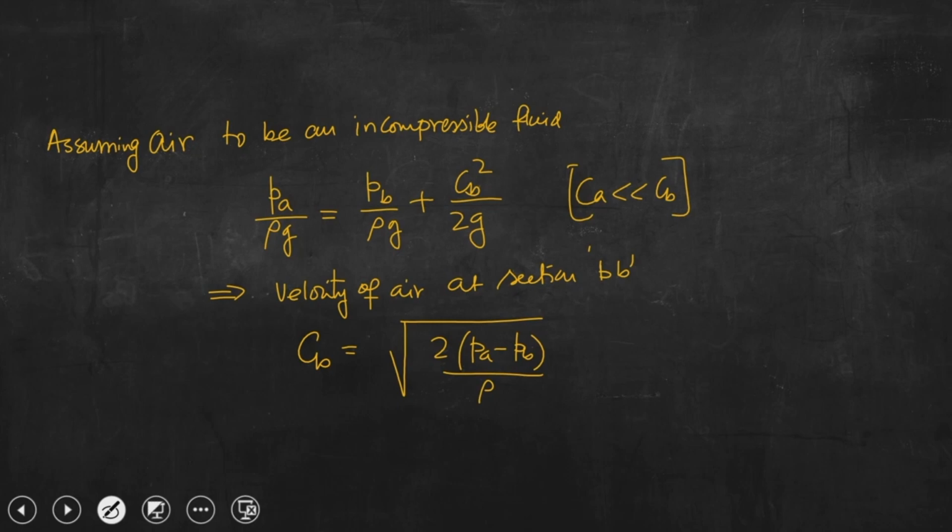So, this is the velocity of air at section B, provided we considered the flow of air to be an incompressible fluid flow. Now, say this is equation number 2.